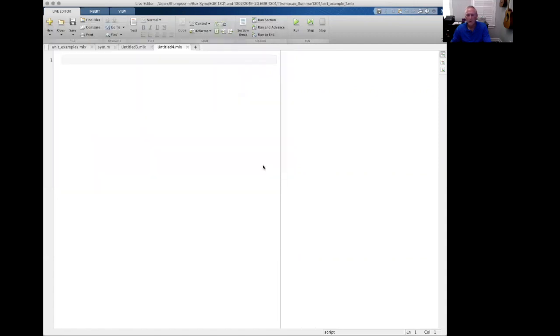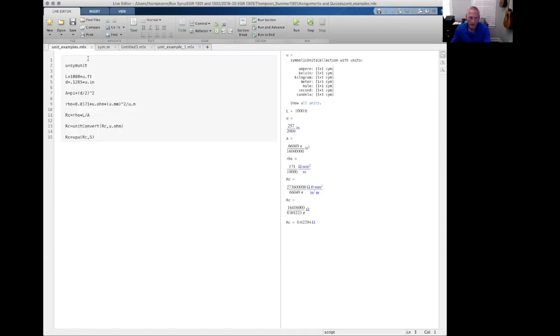Okay, so save it somewhere, and this example shows you how to use part of the symbolic toolbox from MATLAB, and it has units embedded already in it. So I've already worked out this, but I wanted to show you how it works out. Okay, so the key here is to come up with the symbolic class, is what they would call it technically.